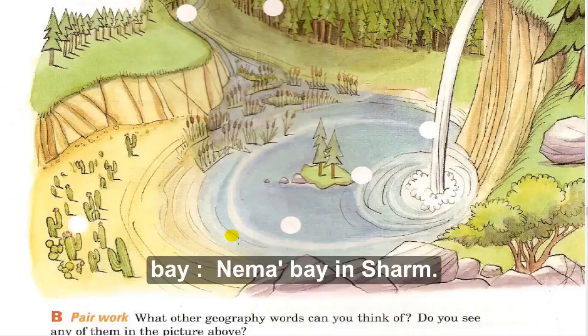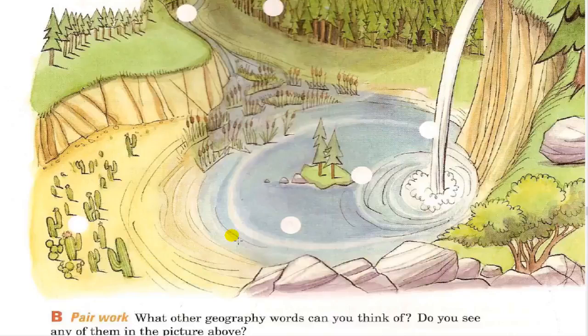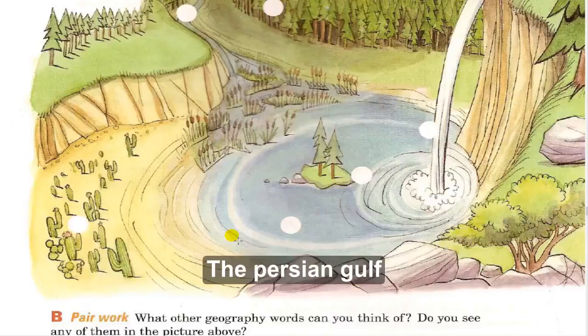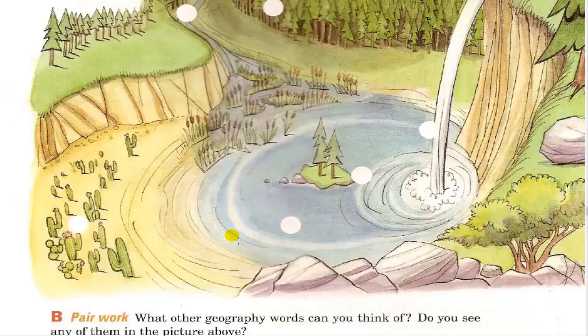Gulf, like the countries of the Gulf area: Saudi Arabia, Kuwait, Qatar, Bahrain, United Arab Emirates. All of these countries are on the Persian Gulf. The High Dam in Egypt.